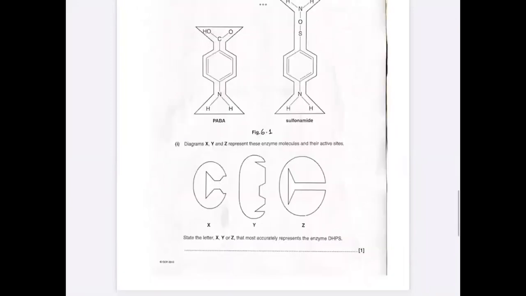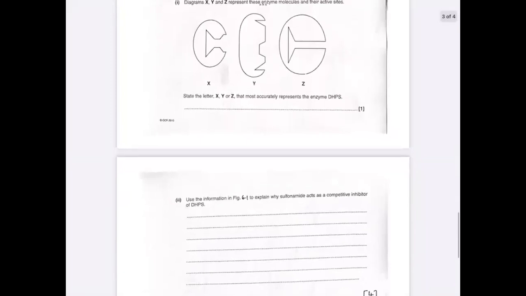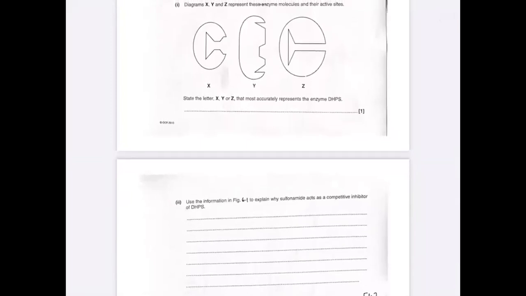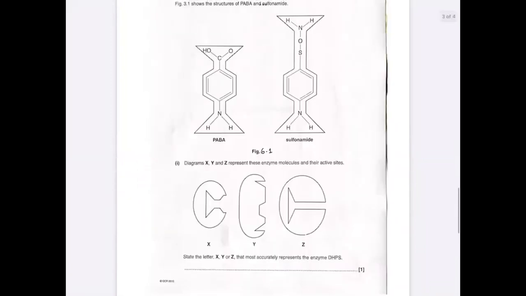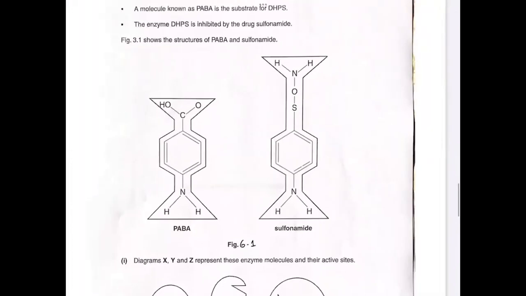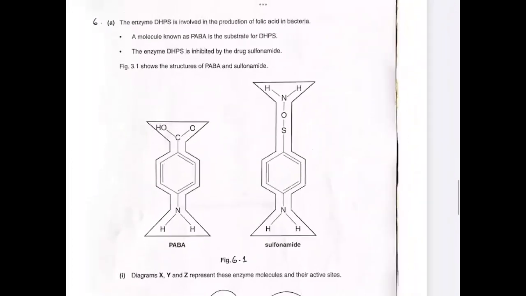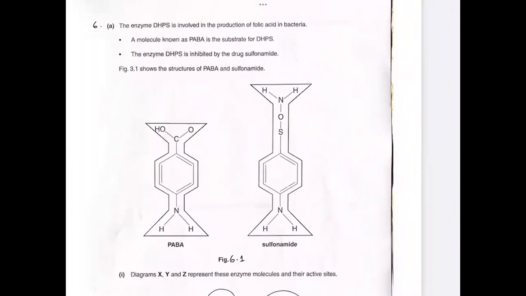So using the information in figure 6.1, you are supposed to explain why sulfonamide acts as a competitive inhibitor of DHPS. Use this information and tell me why sulfonamide acts as a competitive inhibitor for DHPS. And there are 4 marks. So you need to give me 4 reasons from the picture.